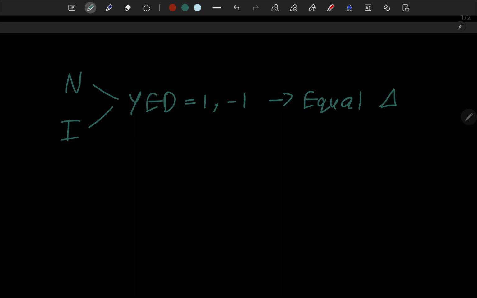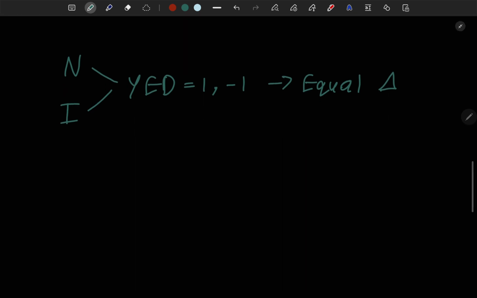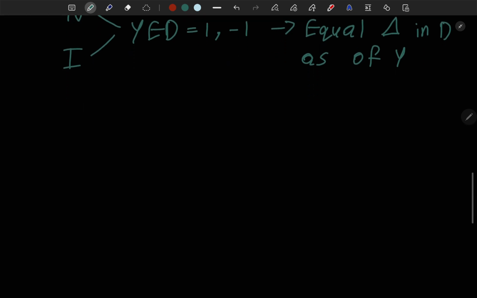You can make the triangle for change, but not in exams. Equal change in demand as of income. So for analysis you can mention all these things.